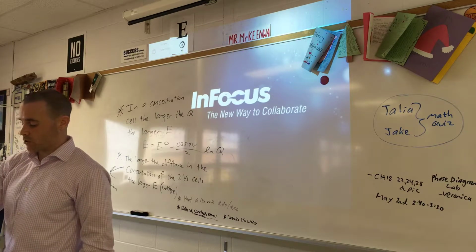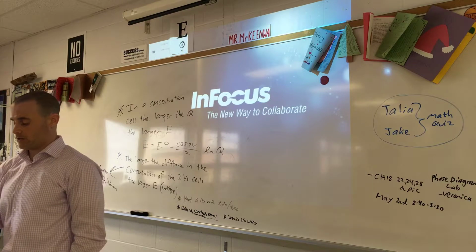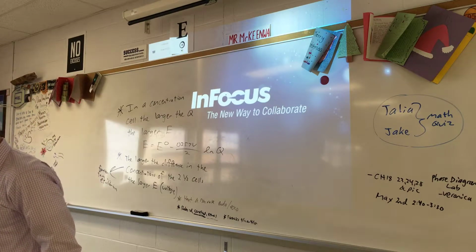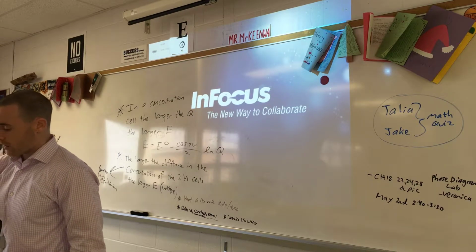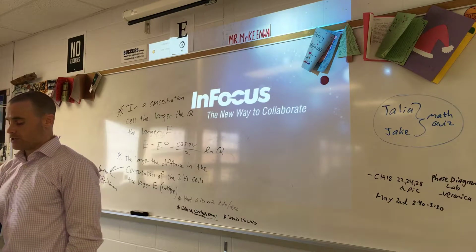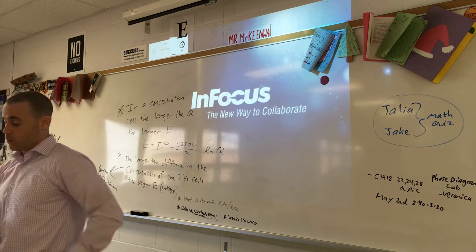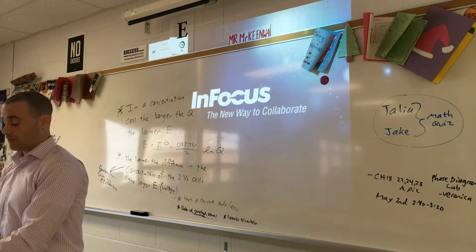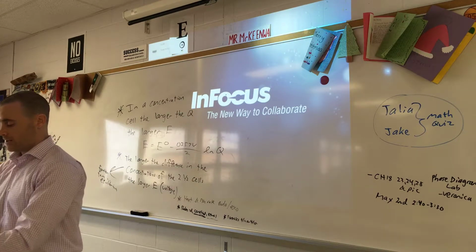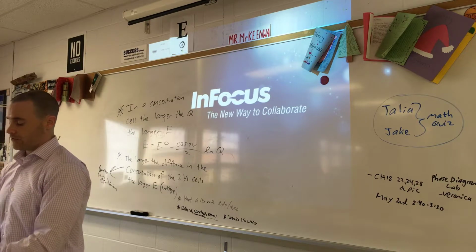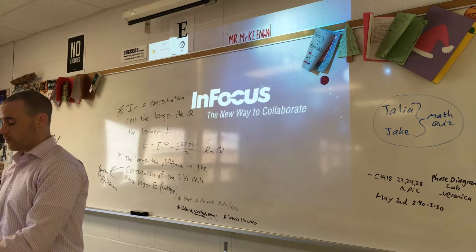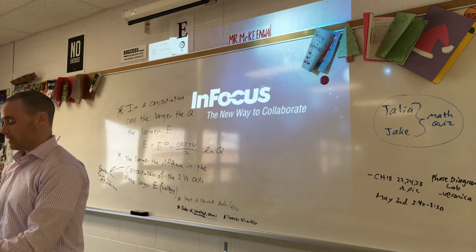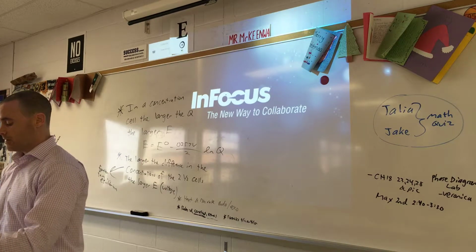Iron is more reactive than cobalt, so the way they wrote it doesn't work spontaneously. But then you solve for E using the concentrations they give you. Products over reactants, the way they wrote it, cobalt plus 2 is a product, Fe plus 2 is reactant. You plug it in that equation, you solve for E, you get negative 0.14, which is not what we want. That's not spontaneous, right?